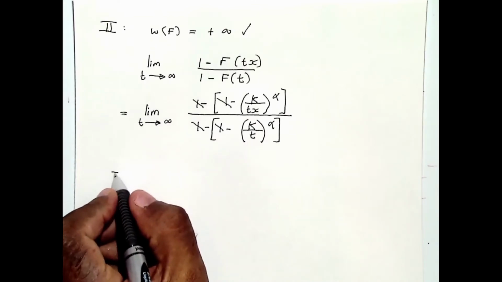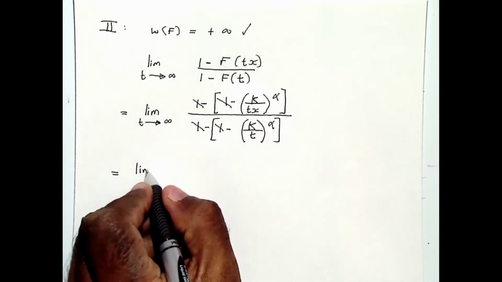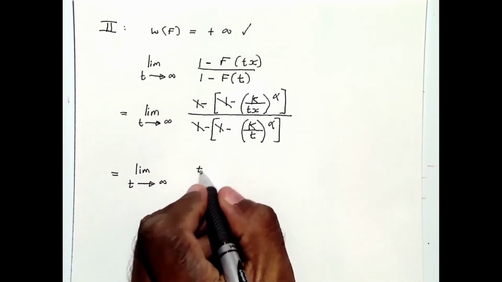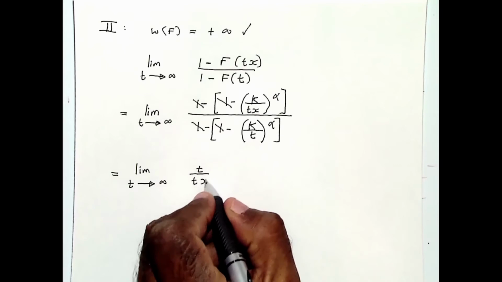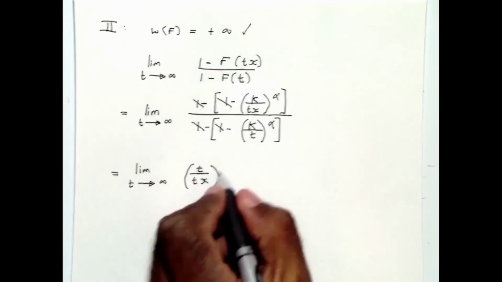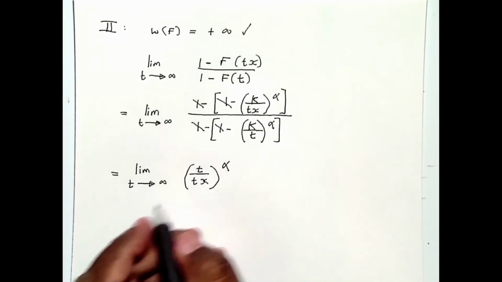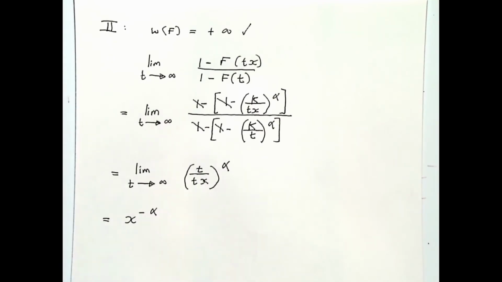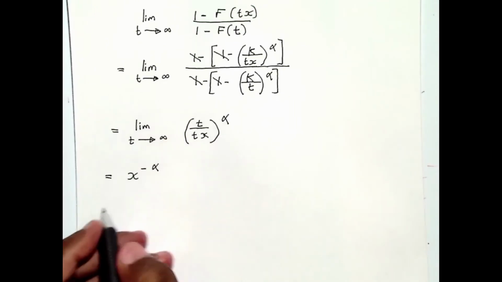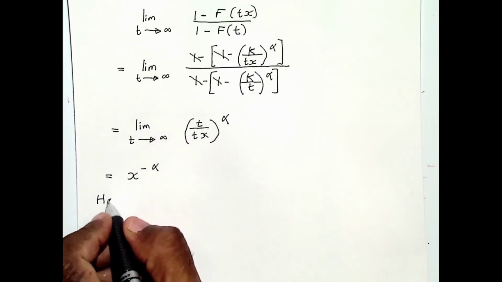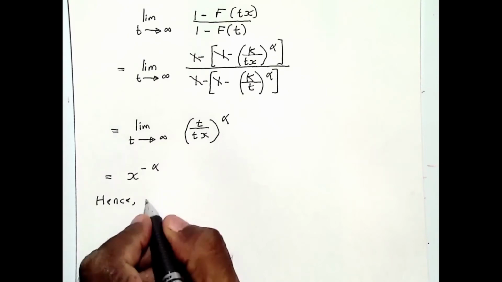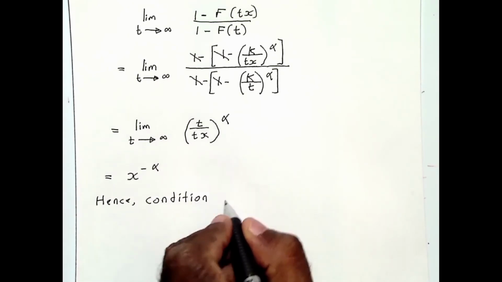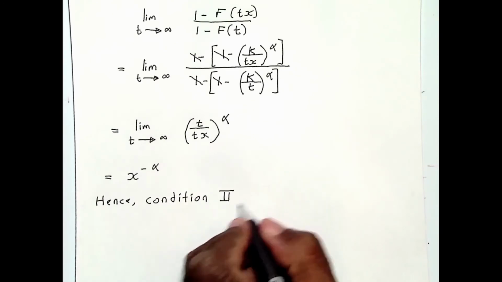So what you have is the following: limit as t approaches infinity of t divided by tx to the power alpha. The t's cancel out, so the limit is going to be x to the power minus alpha. So hence condition 2 holds.